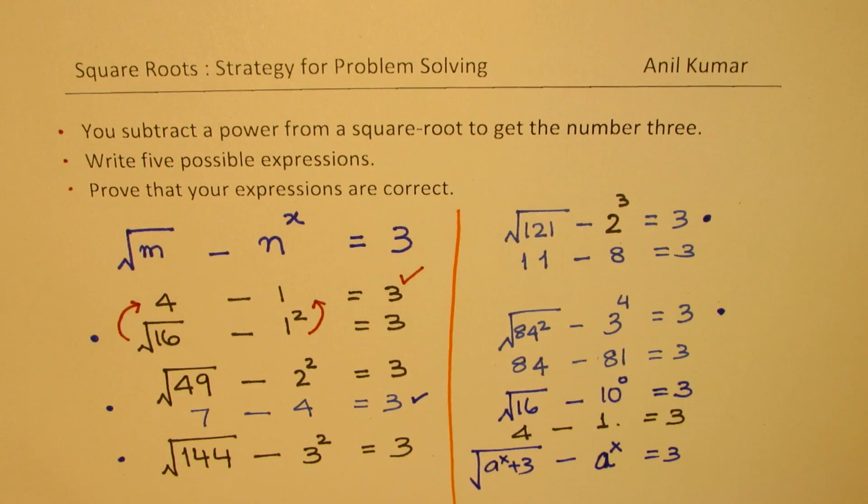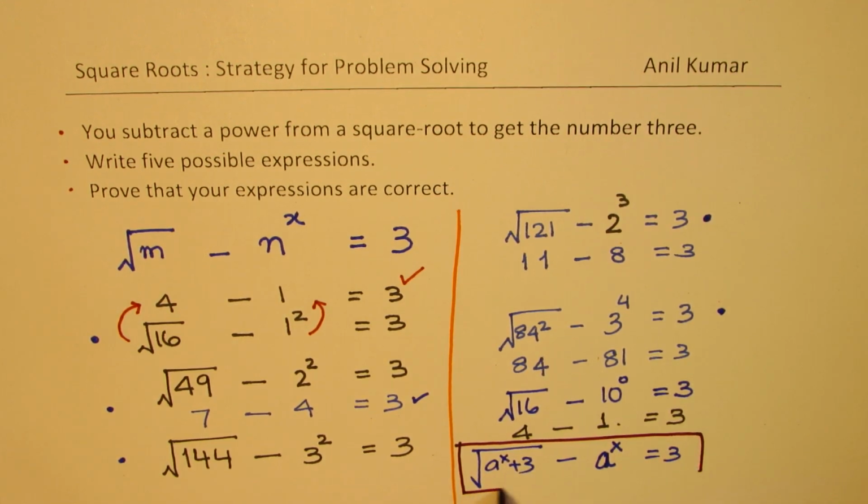So if I use this method, I can write infinite combinations to give me 3. Do you see that? So we could use any power and a square root combination to get 3 as the result in such case.